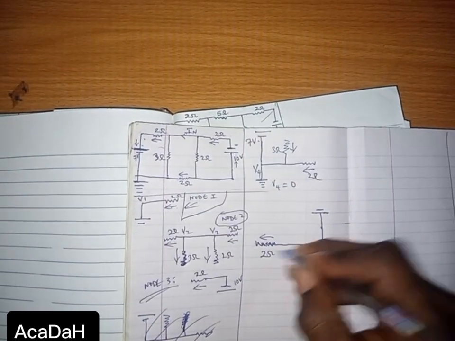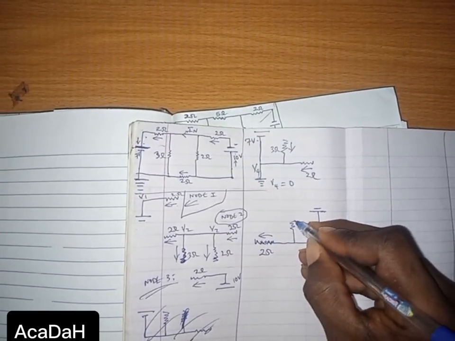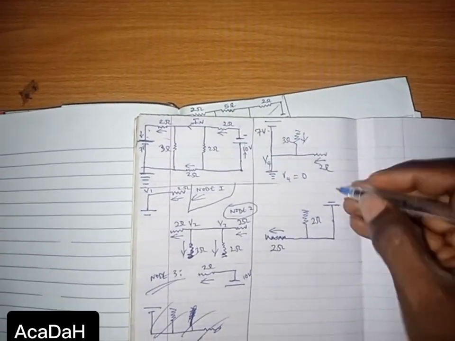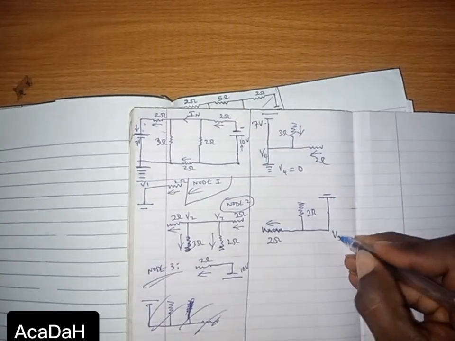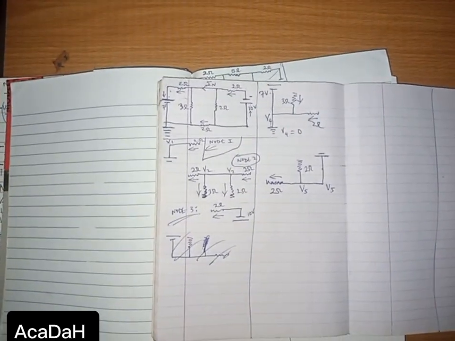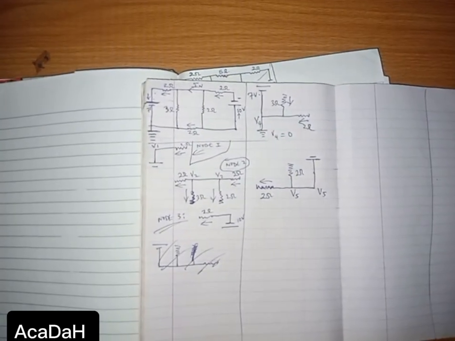Then notice that as it's moving, there is also a branch on this 2 ohms. So that is for V5. This is V5. So that is how to find nodes. There you have how to find nodes.